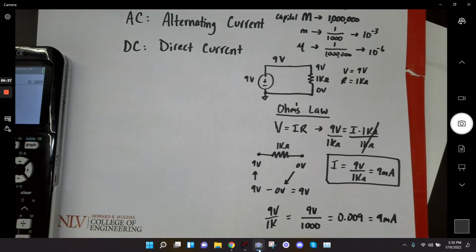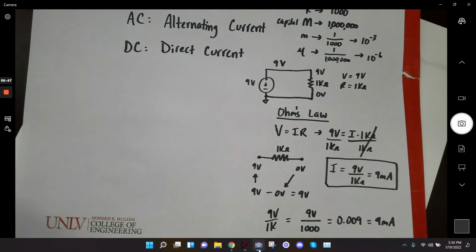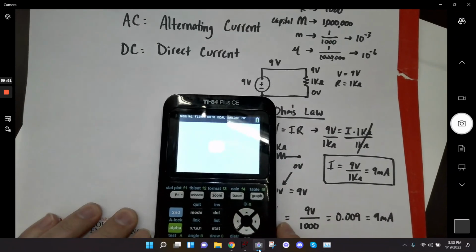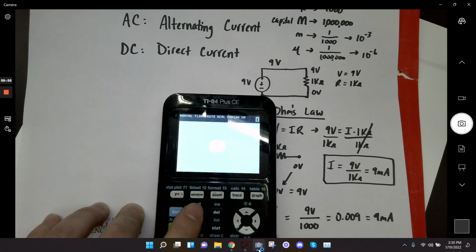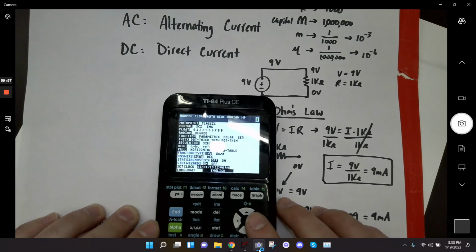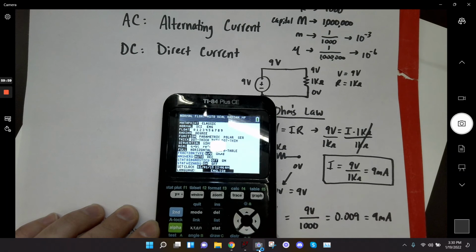So here's something I wanted to show you guys. How many of you guys have a TI-84? Okay. Most of you guys probably have some sort of scientific calculator. I want to show you guys this for those of you who don't know or have never seen this. If you go to mode, I think most calculators probably have something like this. You can change it to engineering mode.